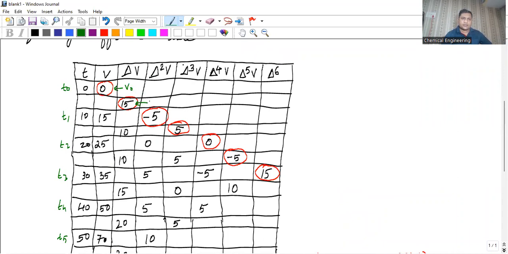This value is delta v0, this is delta square v0, delta cube v0, delta raised to 4 v0, delta raised to 5 v0, and delta raised to 6 v0. So we have these forward differences.